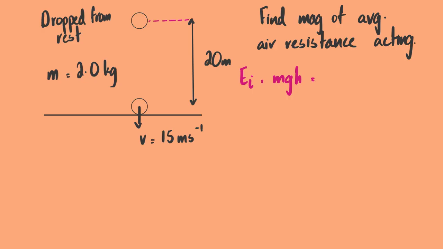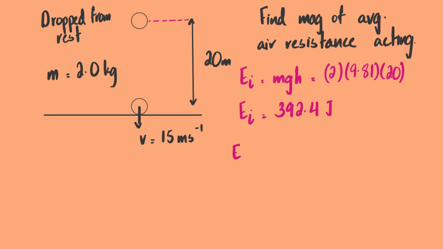So I can find the initial potential energy now. Mass is 2, small g is 9.81, h is 20. So the initial value of the energy is 392.4 joules.